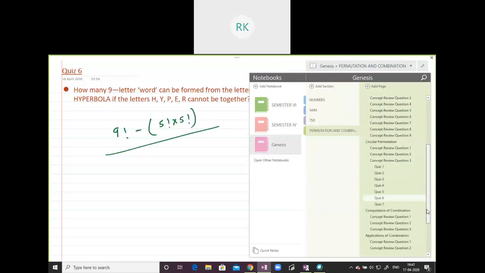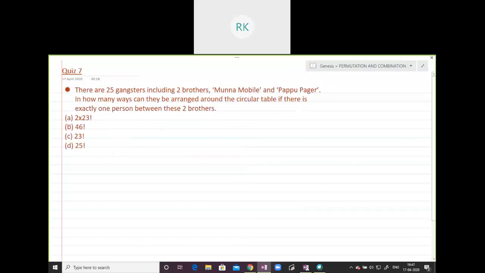And what about this? How much did you get as the answer for this? 25 gangsters, including 2 brothers, Munda Mobile and Papu Pager. In how many ways can they be arranged around a circular table if there is exactly one person between these 2 brothers? Yes, the right answer.